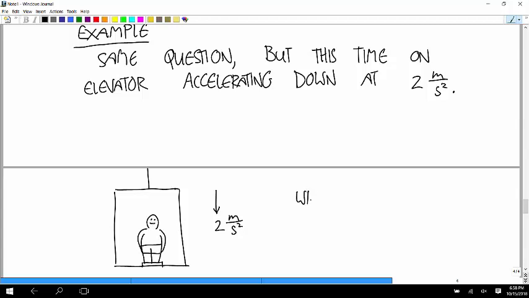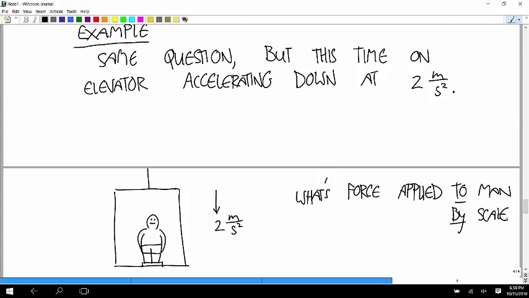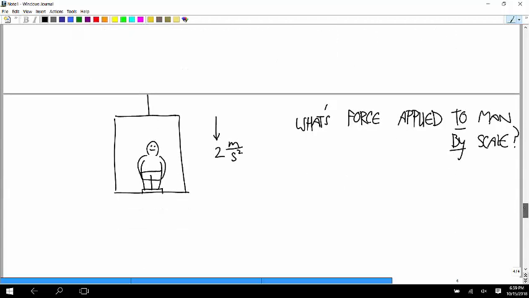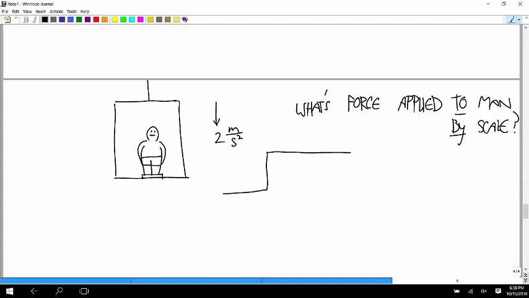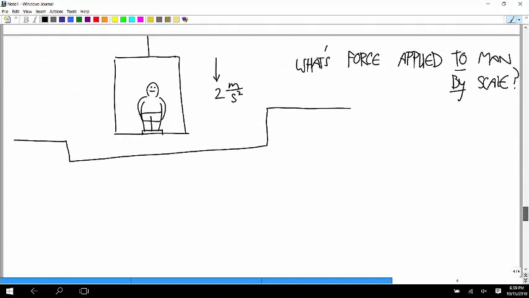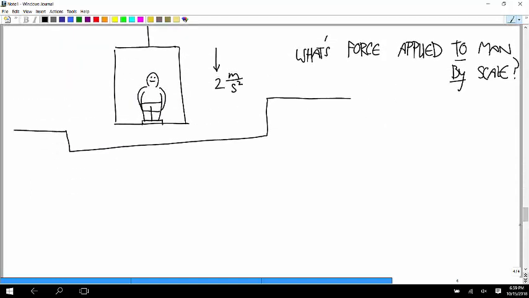Okay, so what's the force applied to the man by the scale? All right, well, we're going to use Newton's second law.